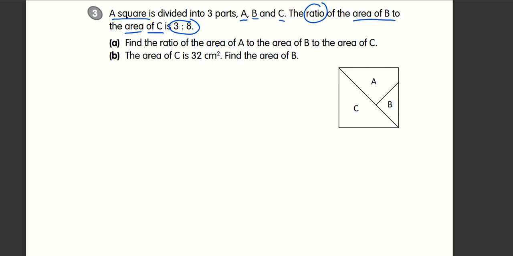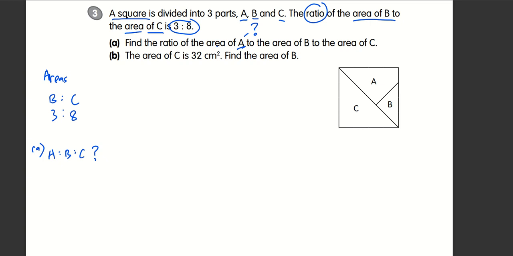Let me write it in a different way. So because it's the areas, areas of B to C is 3:8. So that's what's given. In other words, you don't have A. The question: find the ratio of the area of A to B to C. That's the ratio that's required.